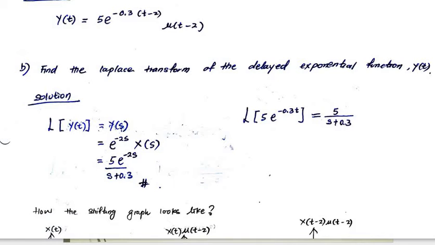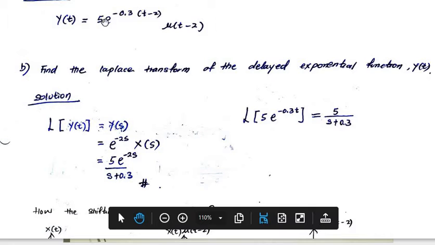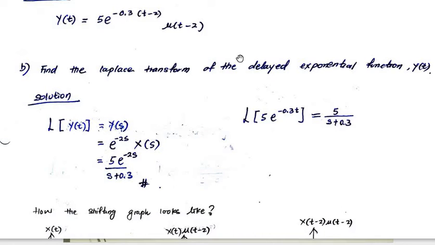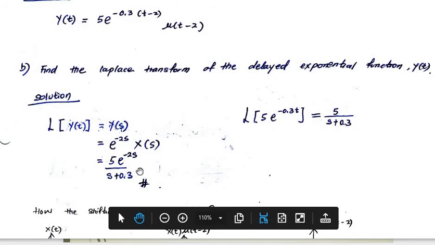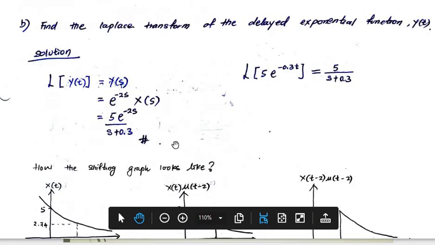Then X(s), what is it? For e^(-0.3t), you get 5, which is a constant. You just copy down, and e^(-0.3t) gives s plus 0.3. So you get 5 e^(-2s) over s plus 0.3.